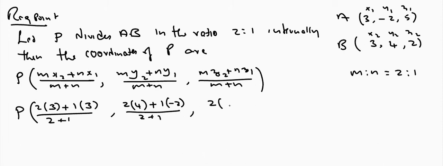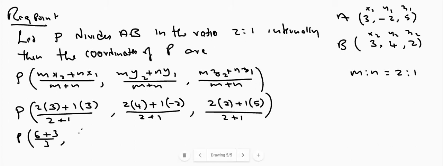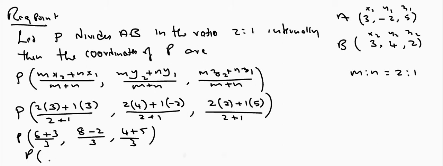Next z: 2 into 2 plus 1 into 5 by m plus n, which is equal to 6 plus 3 by 3, 8 minus 2 by 3, and 4 plus 5 by 3, which is 9 by 3 is 3, 2 and 3. Required point is (3, 2, 3).